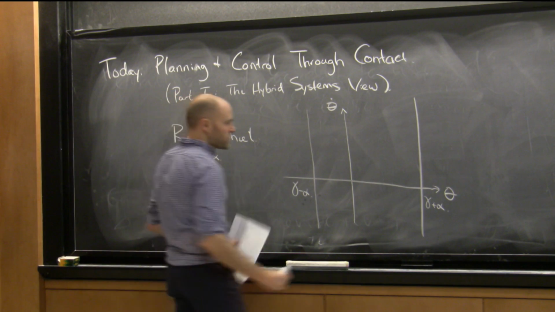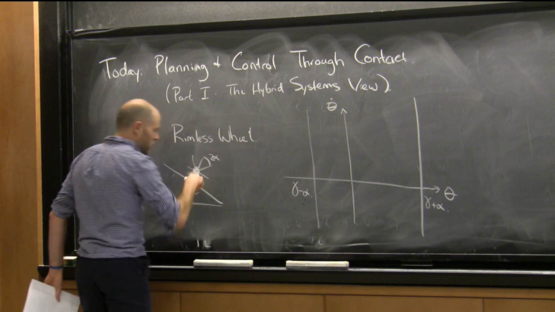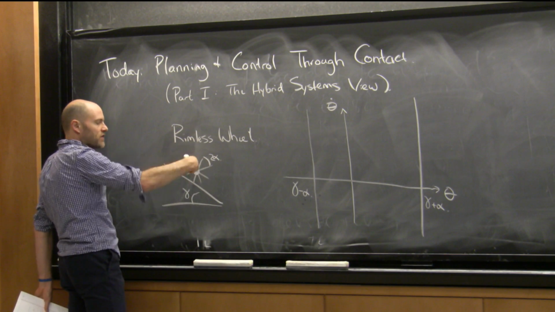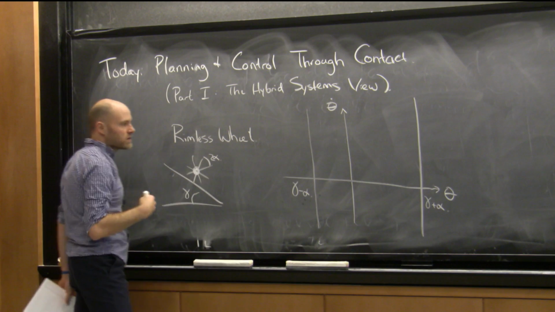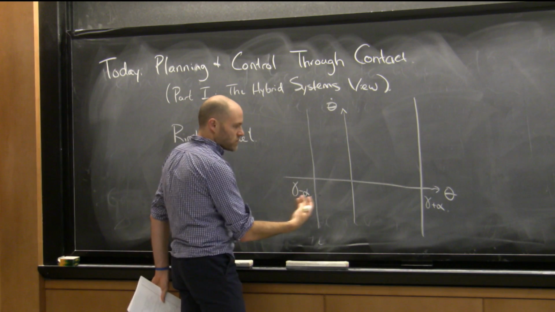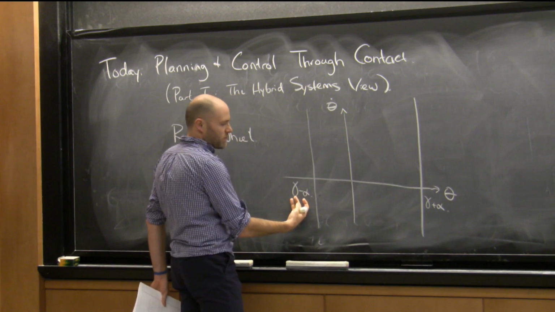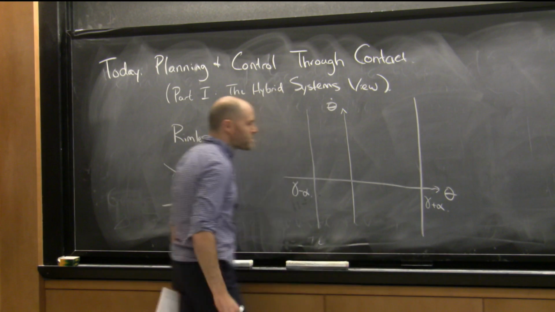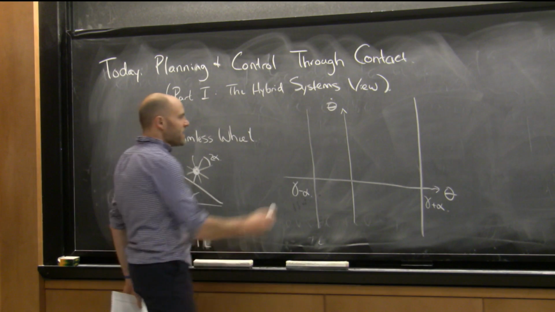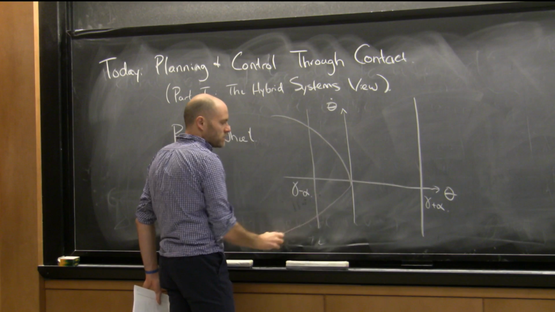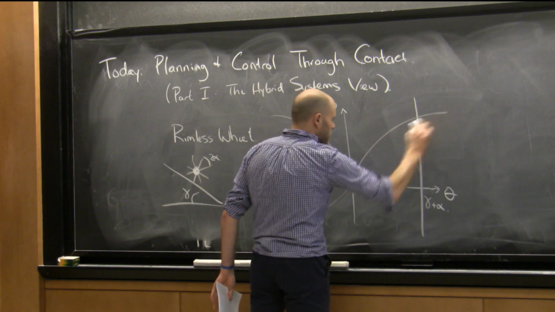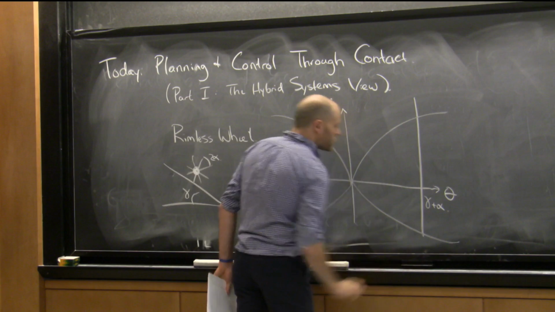Okay, so the rimless wheel, because I have penetration in any other configuration, lives inside the range of theta being from gamma minus alpha to gamma plus alpha. Inside that, it's governed by the standard pendulum dynamics, which have the homoclinic orbits that look like this.